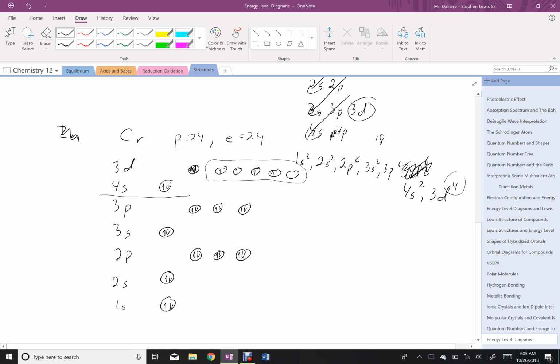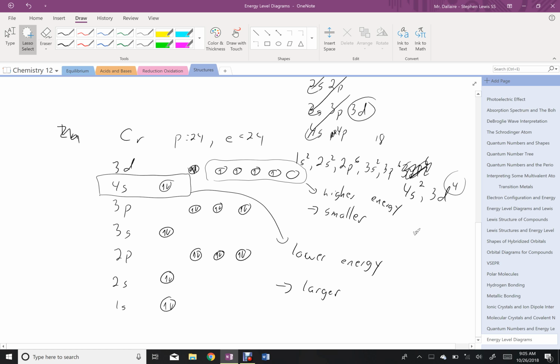But the problem is, from a chemical bonding perspective, while this is lower energy, it's still larger. So when another atom approaches it, while these are higher energy, the fact that they're smaller means other atoms see these electrons first.